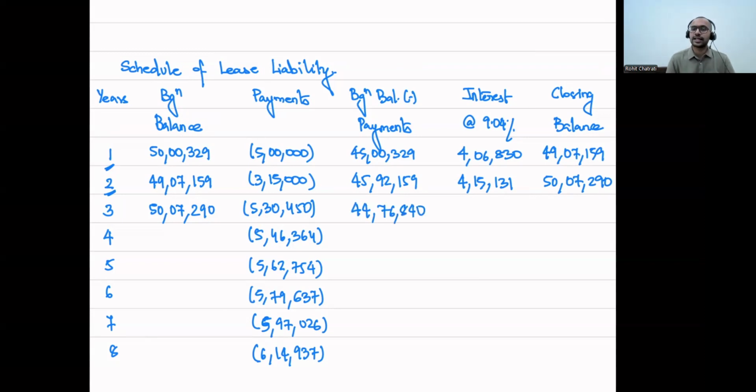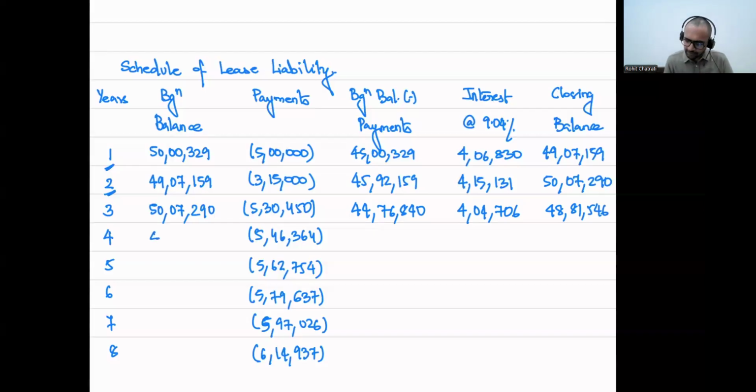On this, we are going to calculate interest of 9.04 percentage, which is equal to 4 lakh 4,706. So the closing balance will become 44 lakh 76,840 plus 4 lakh 4,706, which is equal to 48 lakhs 81,546. This is the closing balance at the end of year three.